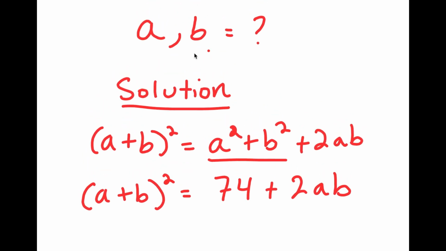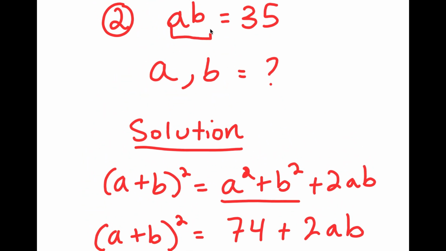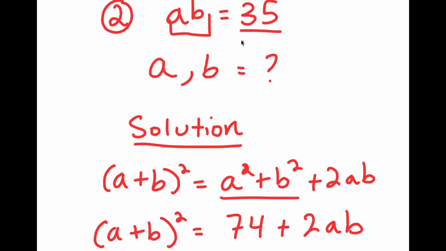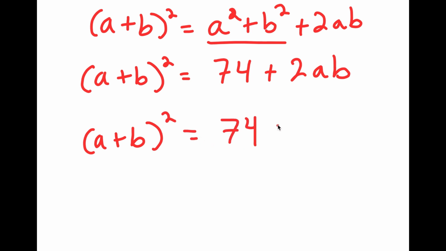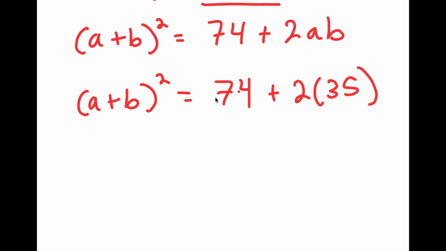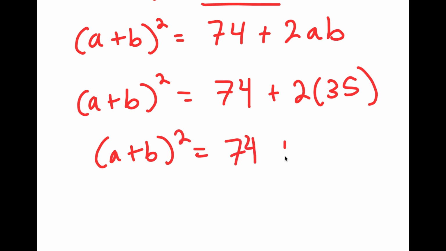Now, also notice how a times b is equal to 35. So I can replace a times b with 35, and I get (a plus b) squared is equal to 74 plus 2 times 35. And 2 times 35 is 70, so I get (a plus b) squared is equal to 74 plus 70.